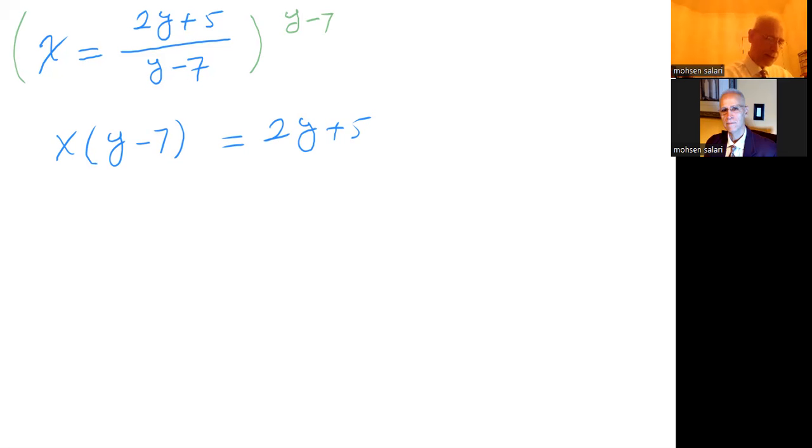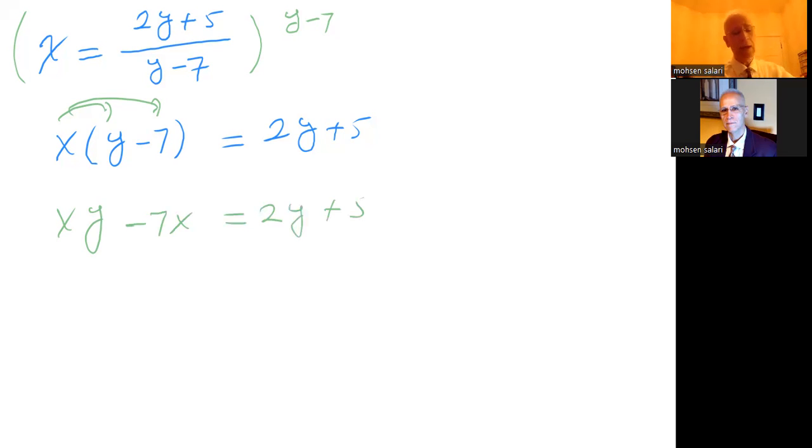Notice that on the left-hand side, x times y is xy, and x times negative 7 is minus 7x, equals 2y plus 5. I have y on the right-hand side, and I have y on the left-hand side. Let's group them, rearranging it all on the left-hand side.